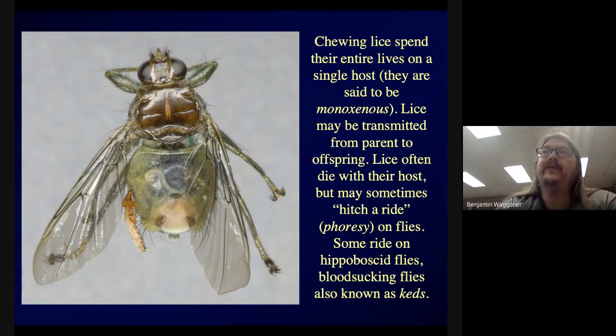So remoras hitching a ride on sharks would be phoresy. Human botflies and things like that may hitch a ride on blood-sucking insects. So may some nematodes, but they don't harm the blood-sucking insect. That would be another case of a phoretic relationship.